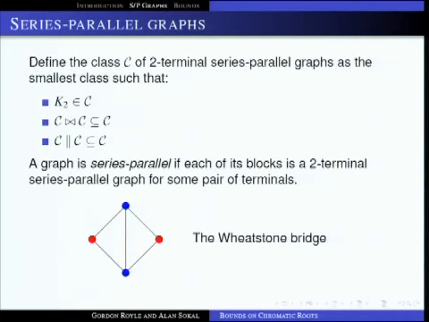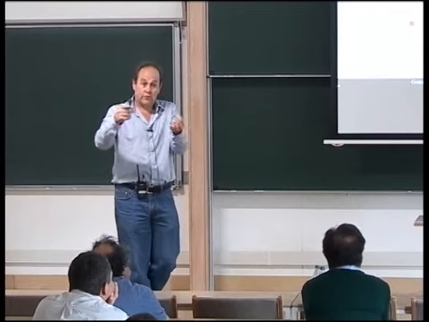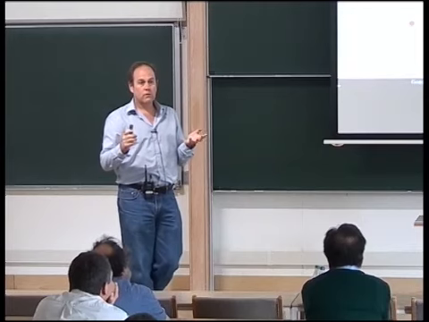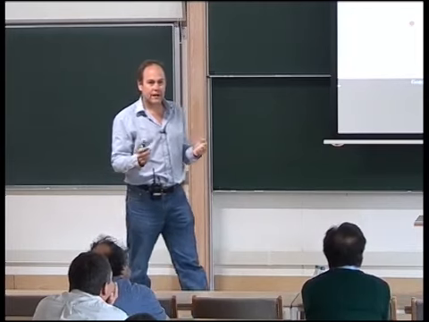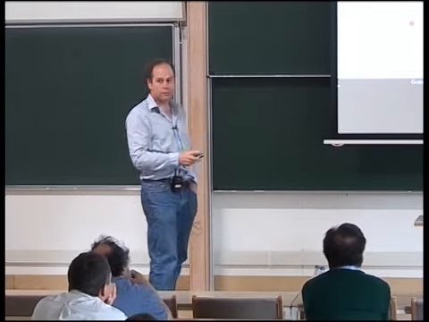Now you've got graphs to work with, and you can put another thing in parallel with either of those or in series, and so on. And then a graph, full stop, with no adjective, is series parallel if either it's two-connected and it is a two-terminal series parallel graph with respect to some pair of terminals, or a bunch of those glued together. The simplest way is to say each of its blocks is a two-terminal series parallel graph.